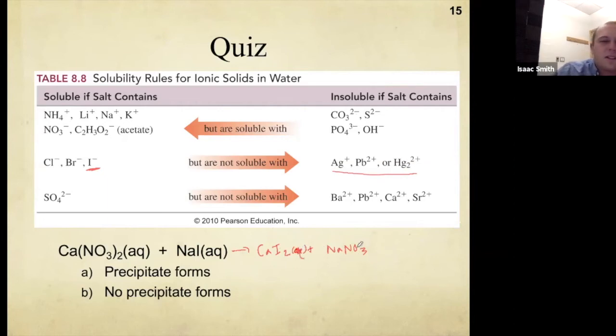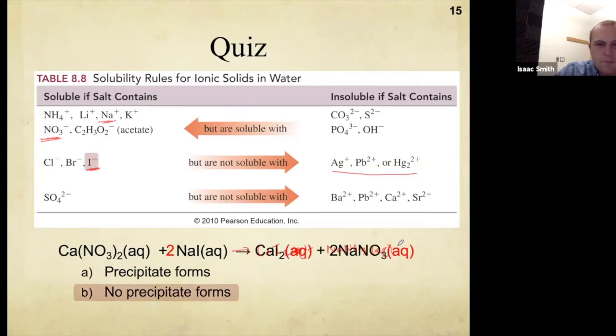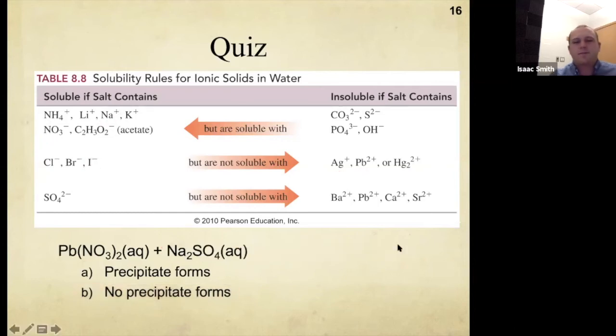Sodium nitrate, let's see. So is nitrate on here? Sorry, yeah, nitrate is on here. It is soluble. Sodium is also soluble, so this is going to be a soluble compound. Okay, cool. All right, we'll pause this one and see if you can do this one as well.